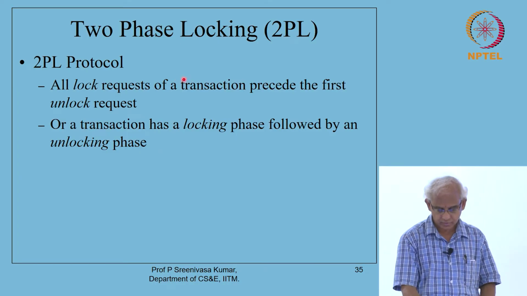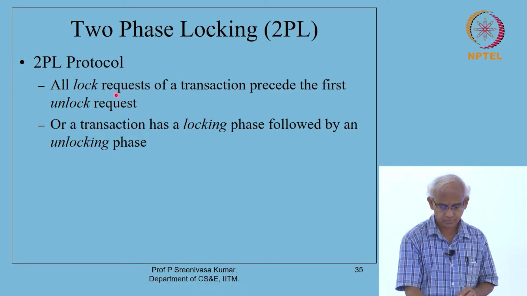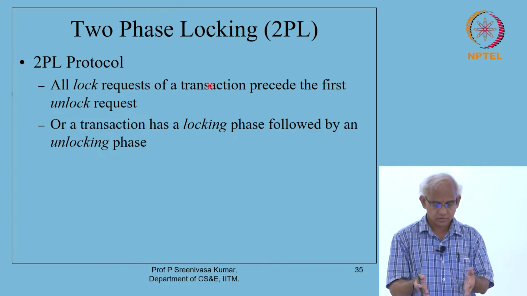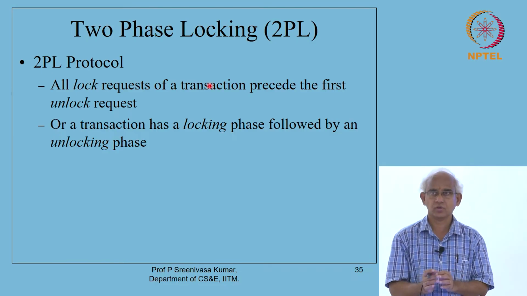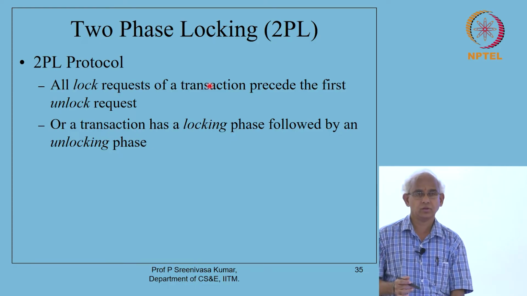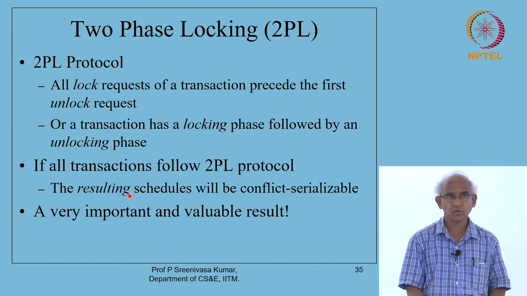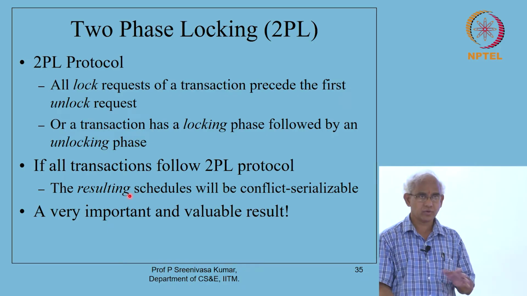This is a real simple, beautiful rule or protocol, and what we are going to show is that if all transactions follow this simple 2PL protocol, then one can actually argue that the resulting schedules will be conflict serializable, whatever they may be.